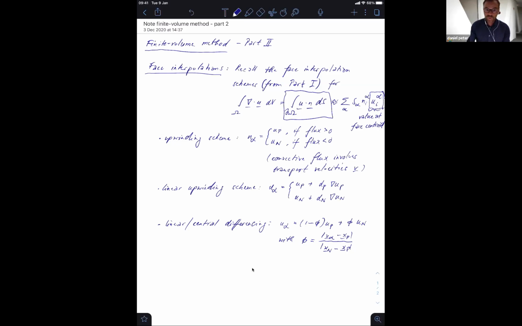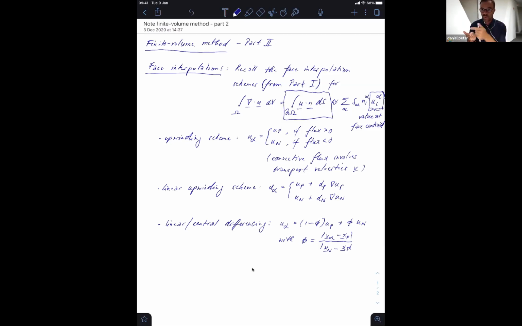So for example, if you have an upwinding scheme, then you would either take the value from your reference cell, or you take the value from the neighboring cell. And the way you decide is by the flux that you would look at. So these schemes are mostly applied when we would have, for example, a convection where we have a transport, which is described by a velocity vector.